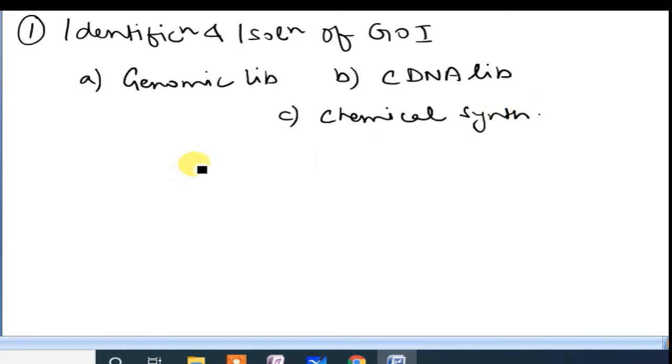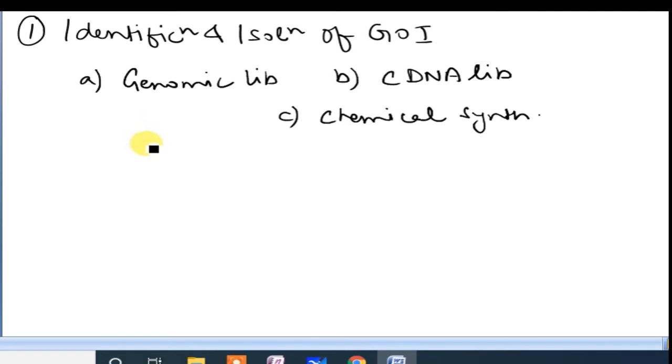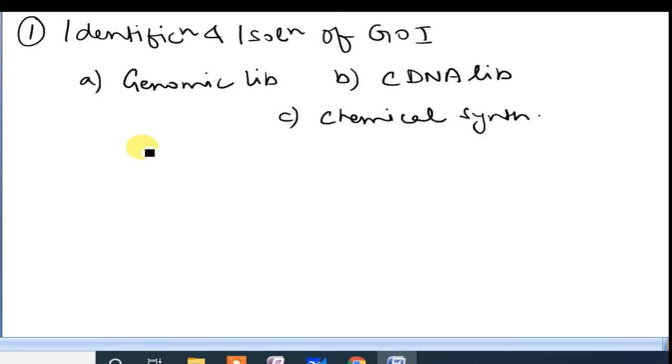What do you understand by a genomic library? A genomic library comprises the entire genomic content of a particular organism, maintained in the form of different clones, each clone having a different fragment of the genomic content. What is a cDNA library? The cDNA is different from genomic DNA because it does not comprise introns; only exons are present.